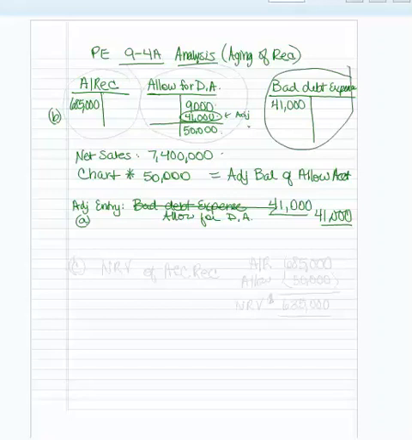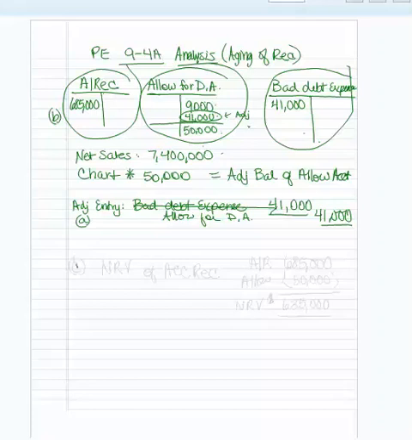So this year on my income statement, how much bad debt expense do I have? $41,000. Okay? Accounts receivable was not adjusted, so the balance is $685,000. Allowance for doubtful accounts, the balance is $50,000. And your balance in bad debt expense is $41,000.